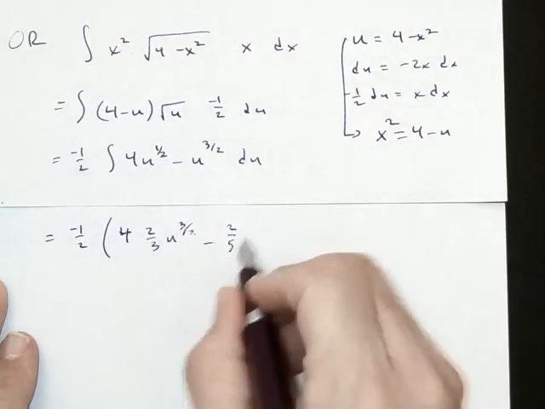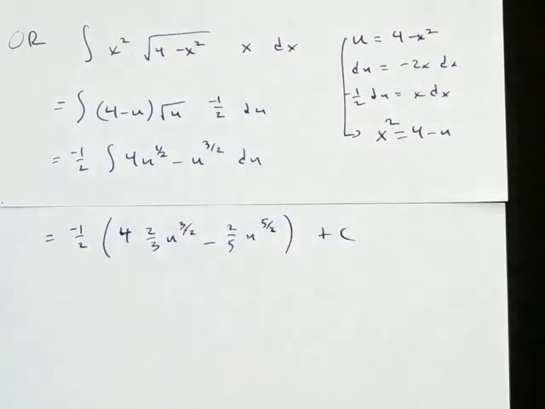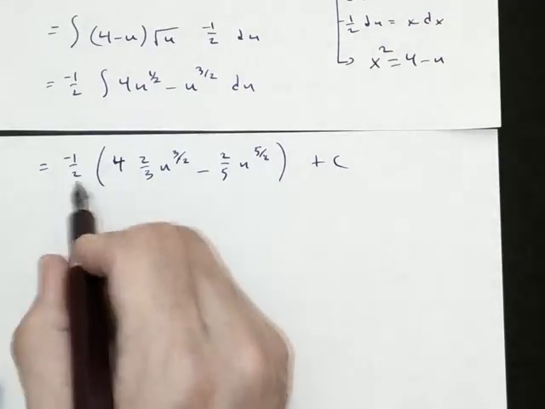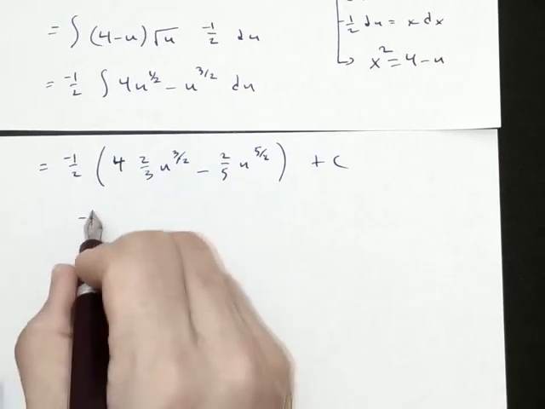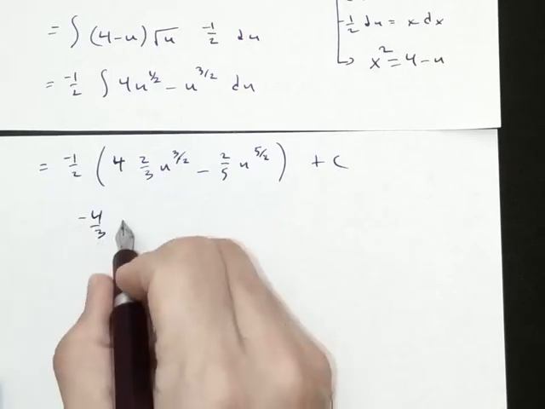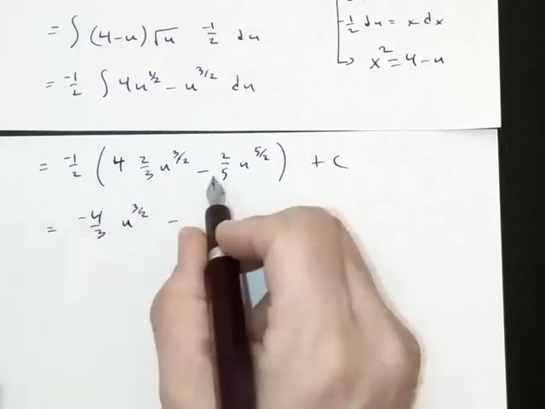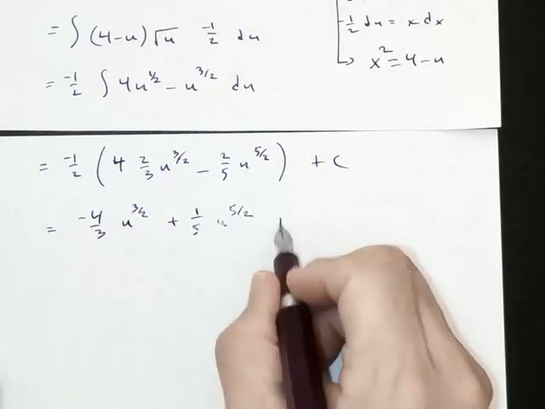Here I get 2/5 u to the 5/2. And then there's a plus c on the outside. Negative 1/2 times 4 times 2/3 is negative 4/3 u to the 3/2. Negative 1/2 times negative 2/5 is positive 1/5.